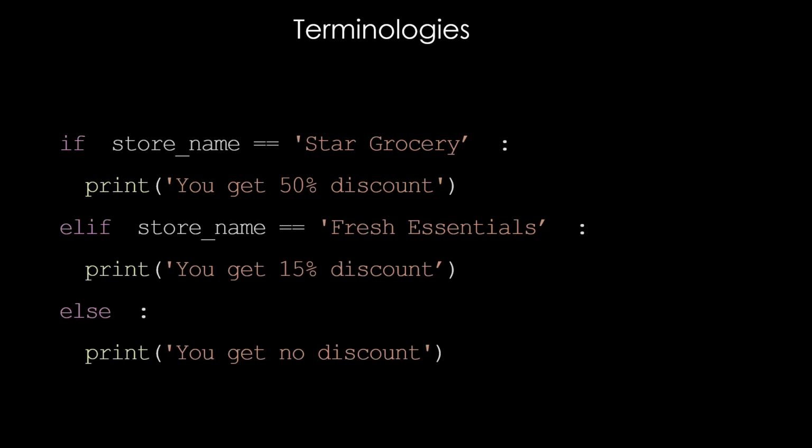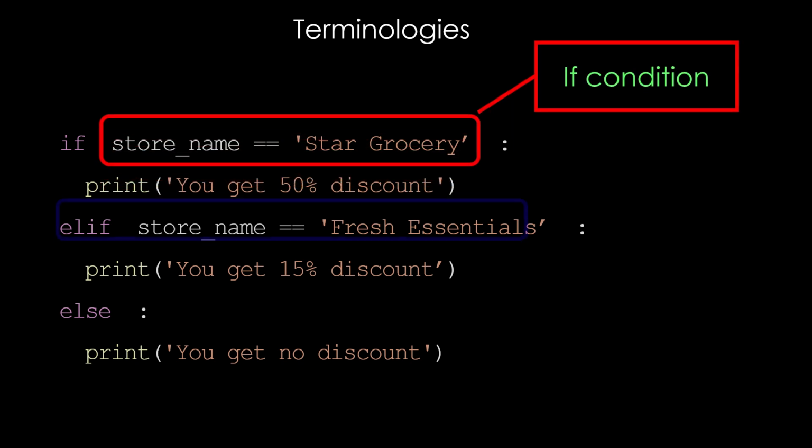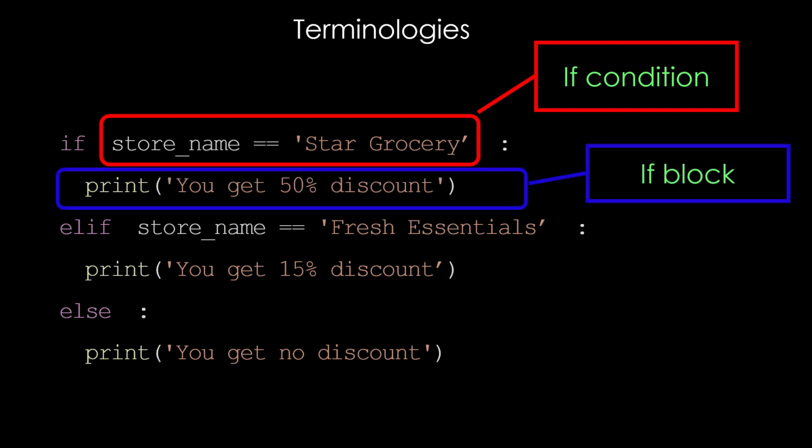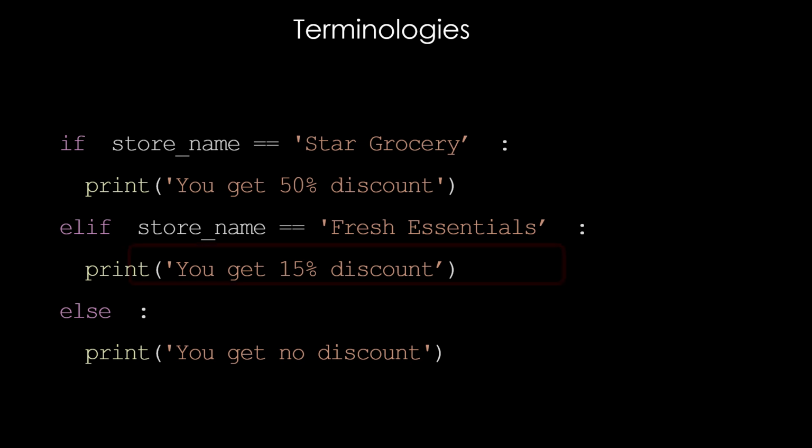Now let's learn a few simple terminology of decision blocks. First, note that in regular discussion, all variants of decision commands, be it if-else or if-else-if, we often call all of them if-else commands. For the if-elif-else command, the condition for if is called if condition. The actions that would be executed when this condition returns true are called if block.